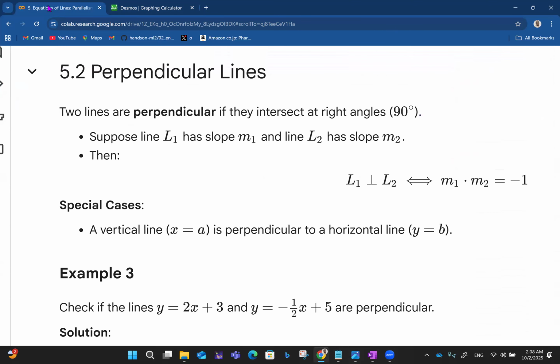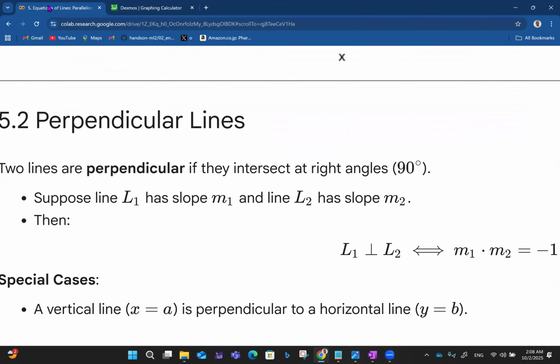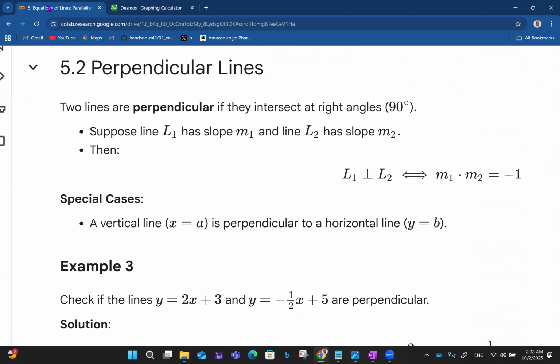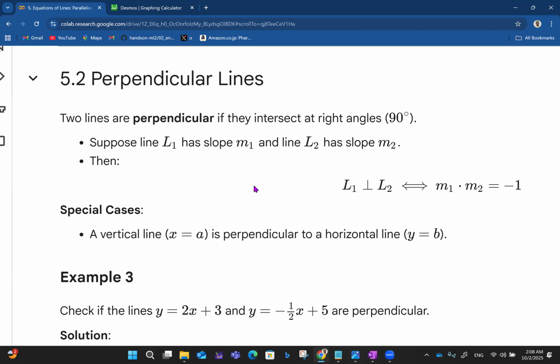So let's talk about perpendicularity. What do we have to say about perpendicular lines? Two lines are perpendicular if they intersect at right angles, that's at 90 degrees. Suppose line L1 has slope M1 and line L2 has slope M2.